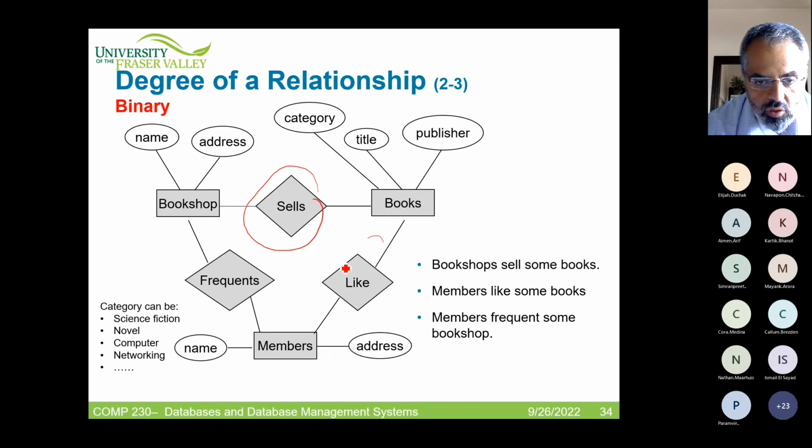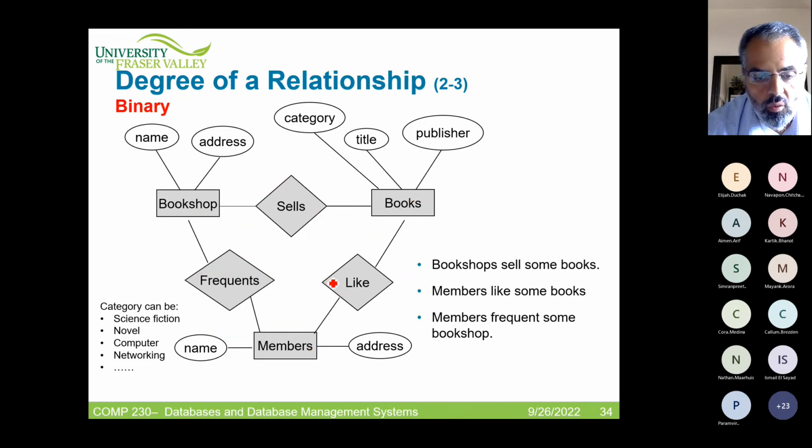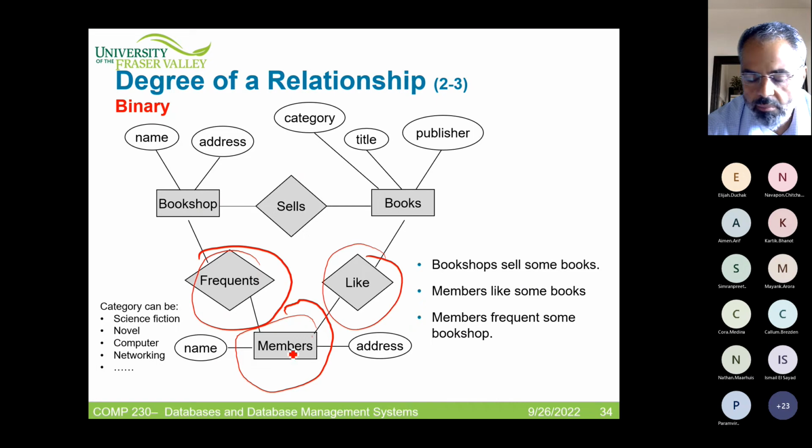Each one of these relationships is binary because we have 2 entity sets participating in the relationship. And we can have one entity set involved in two relationships, like members, and also the same bookshop. So all of them are binary relationships.